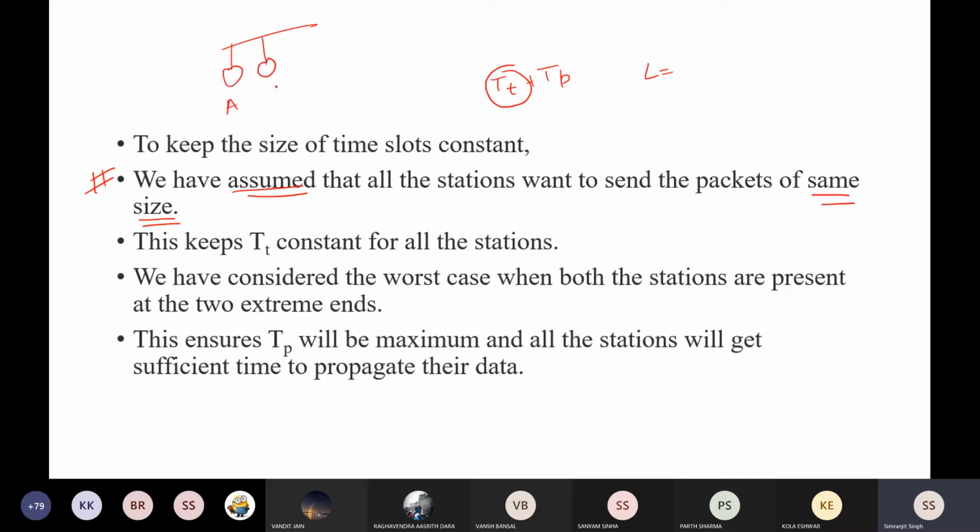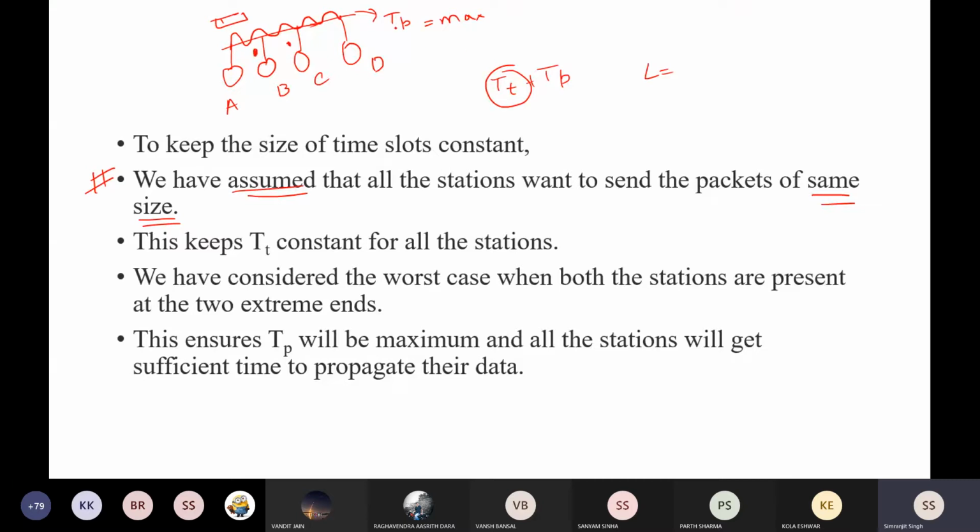Suppose this is B, this is C, and this is D. When you are sending the packet from this side to that side, the TP will be maximum. TP means the last bit of the packet reaches the destination station, and that will take the maximum amount of time, because the distance here will be larger as compared to the distance between B and C.